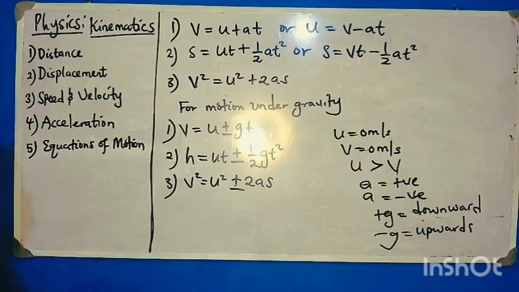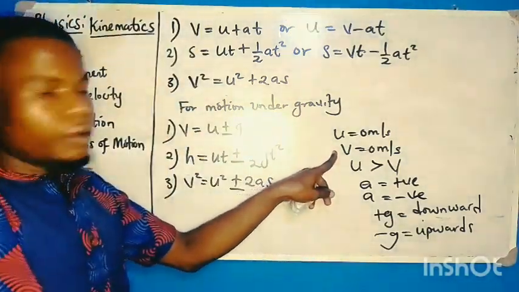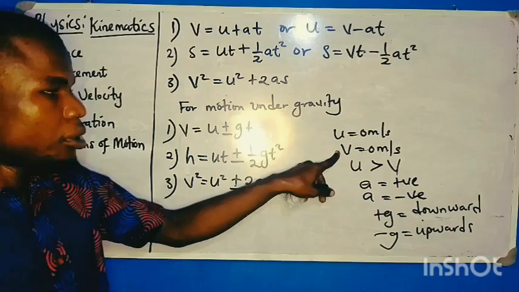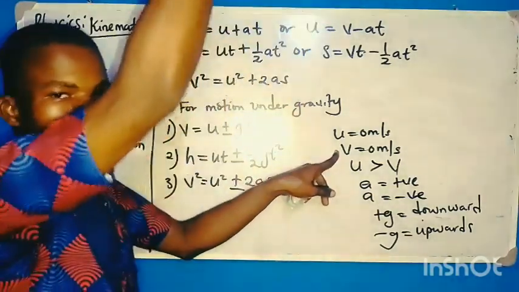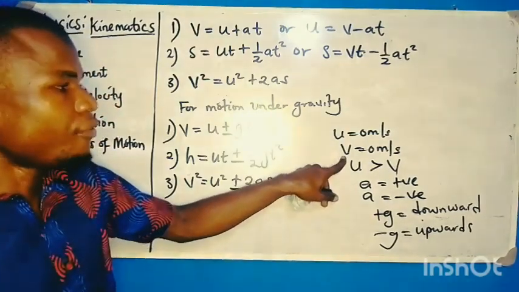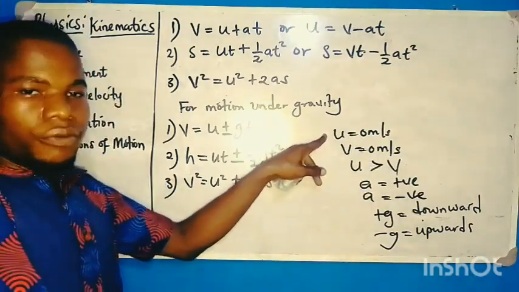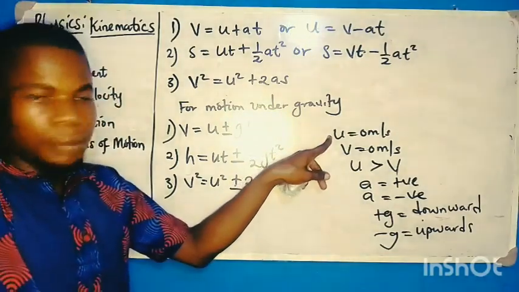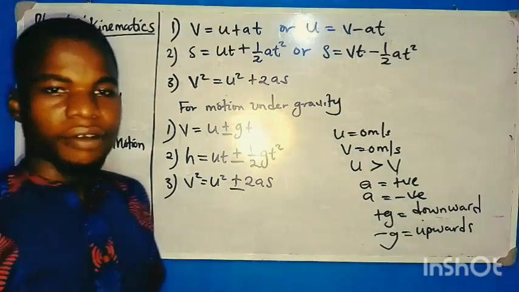If the body is thrown vertically upwards, it reduces in speed as it goes up, so it will have a momentary rest at its maximum height, and our v at the maximum height becomes 0. But if it is thrown downwards from its initial position, our u becomes 0. So that's all you can have.